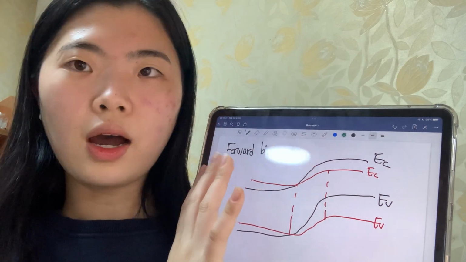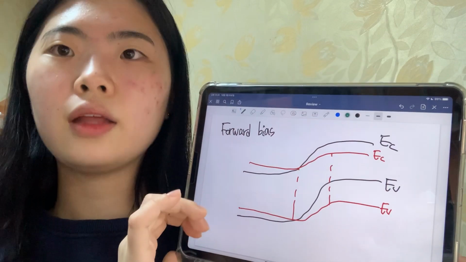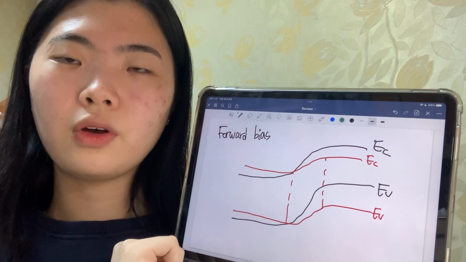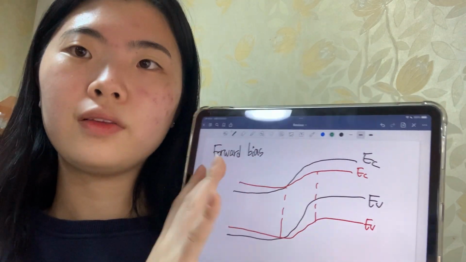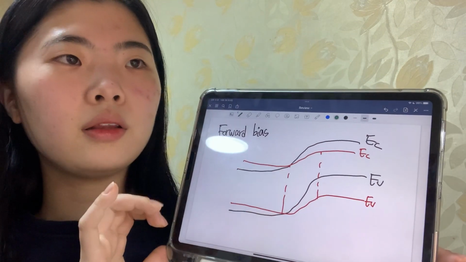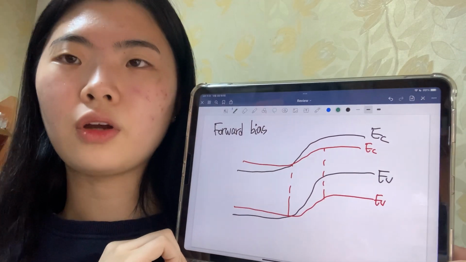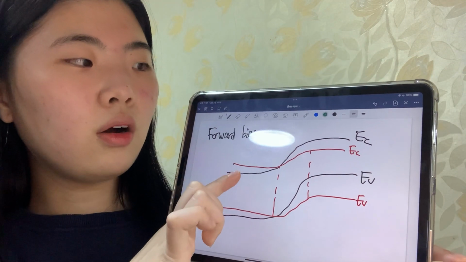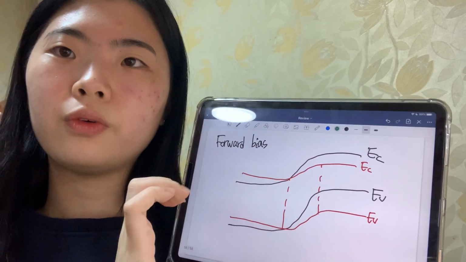The height being smaller means the built-in potential energy is smaller, which means the barrier is smaller than before. So electrons on the left side can move easily to the right side. When electrons move easily, the current flow will be higher than before. So after we apply forward bias, more current will flow.